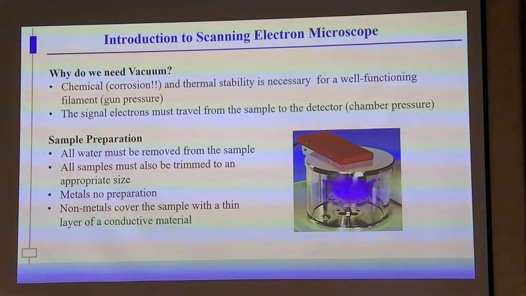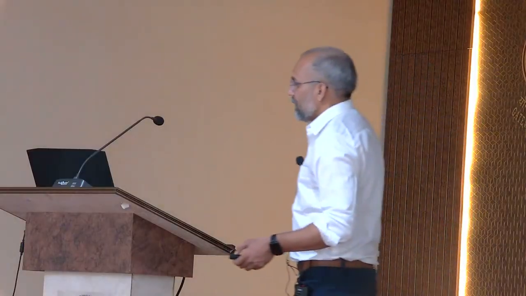Third, if you have metal, it is straightforward, and there is no need for any extra preparation. But non-metal samples should be covered with a conductive metal, because if you don't, electron conduction will not happen. That's why we need to do that.